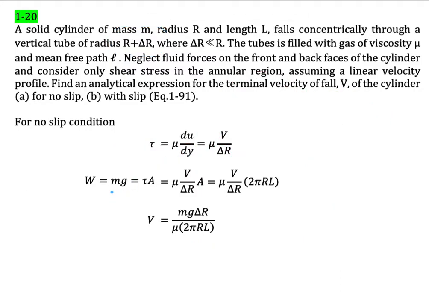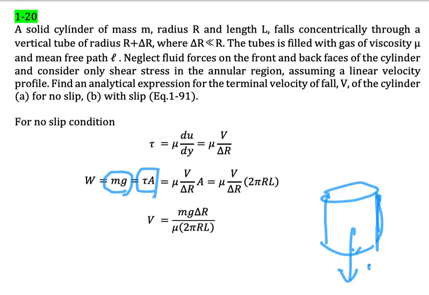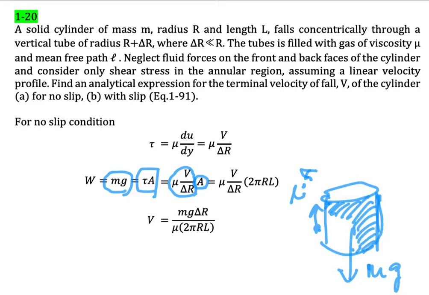Okay, and then we are in equilibrium, so in one split second free body diagram, we assume that the weight is equal to tau A. It's very simple. We have a cylinder here with a weight coming down, mg, and the resistance caused by tau times A. So mg is equal to tau A. We substitute the value of tau as mu v over delta R, and A is actually the surface of the cylinder.